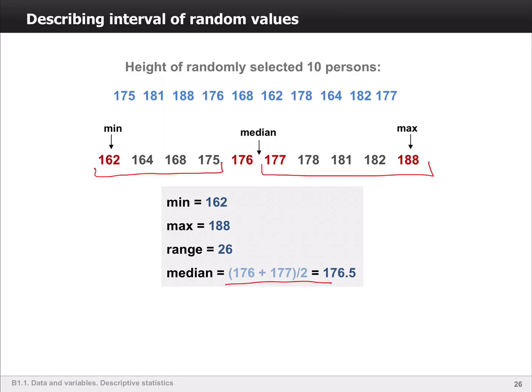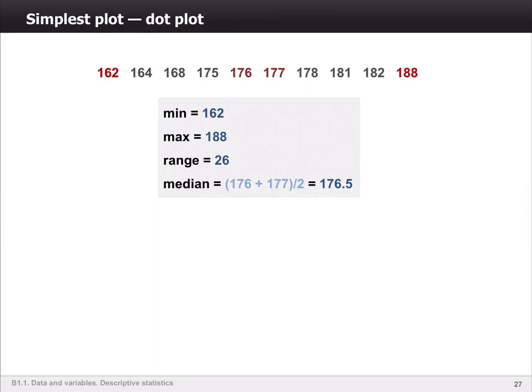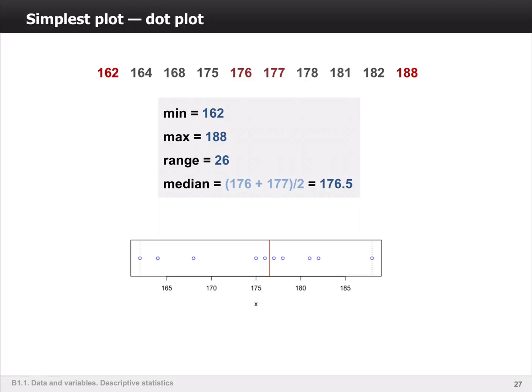You can also represent these values graphically, and the simplest way to do that is a dot plot. I have already shown you the drawing which represents the dot plot, where you have only one dimension, x, with a scale on this dimension, and your points are represented as dots along it. You can also show the min, the median and the max as I showed here.